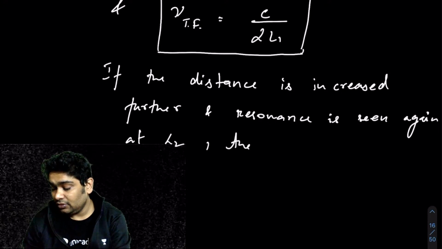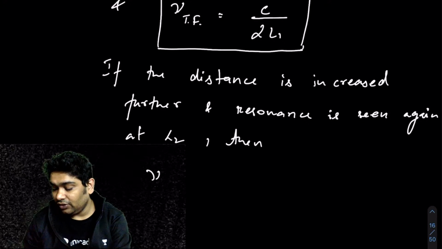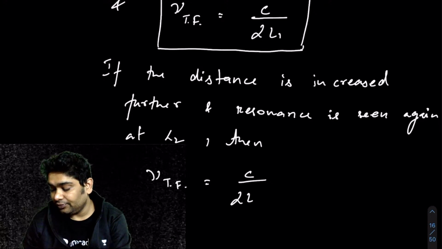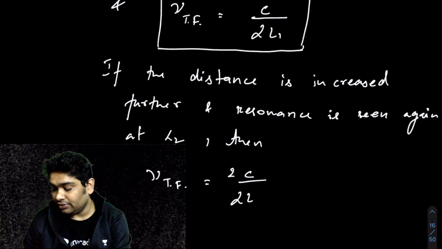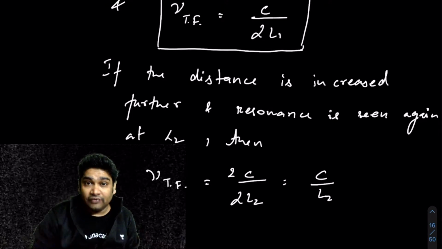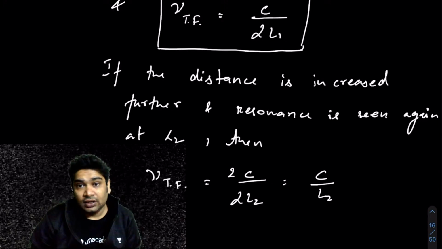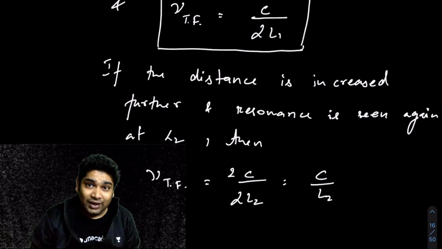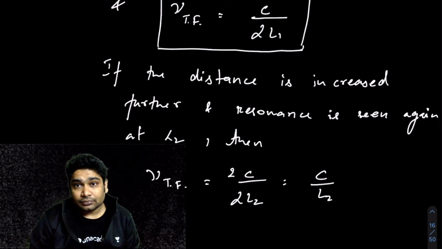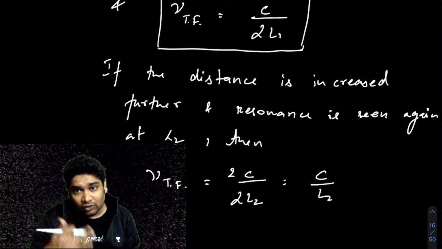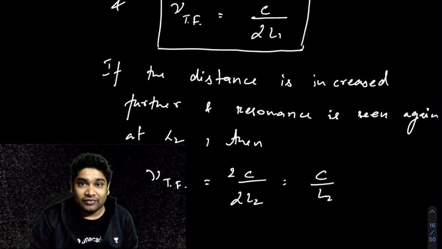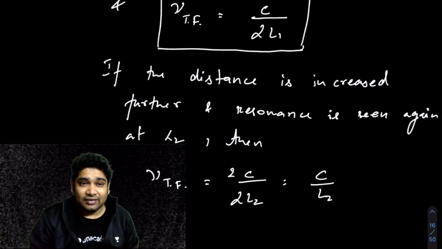Then nu of tuning fork will also be C over 2L2, or C over L2, and so on. So you could have kept on adjusting the lengths. You could have also taken one length and the next length at which the resonance is happening, and found out the difference of them also, and that is also how you could have figured the frequency of the tuning fork.